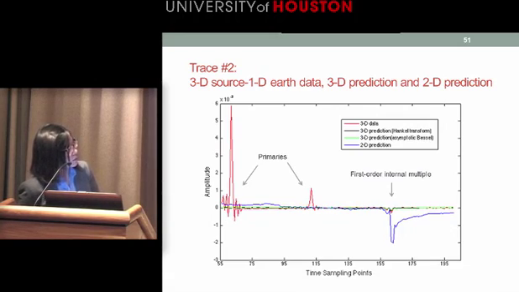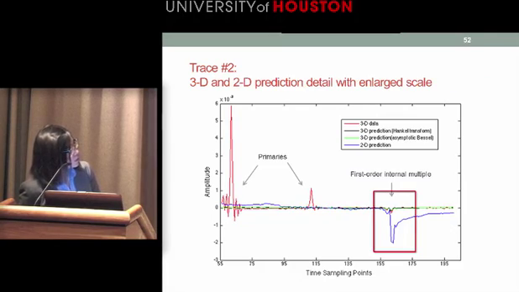And the blue line here is the 2D prediction transformed back to the spatial domain by the Fourier transform. So you can see the difference of this predicted first-order internal multiple. Let's see the 3D and 2D prediction detail in large scale.